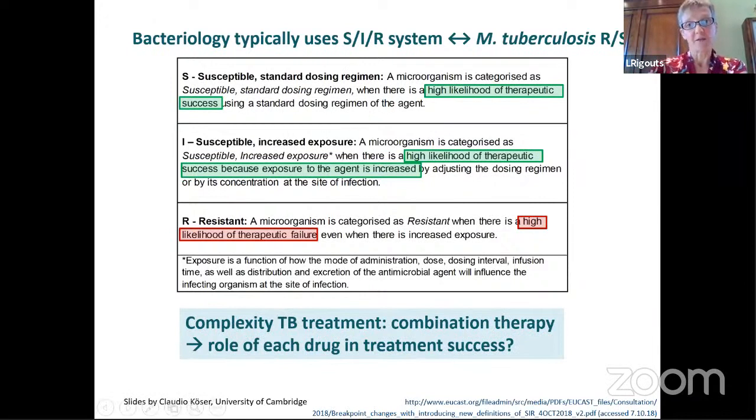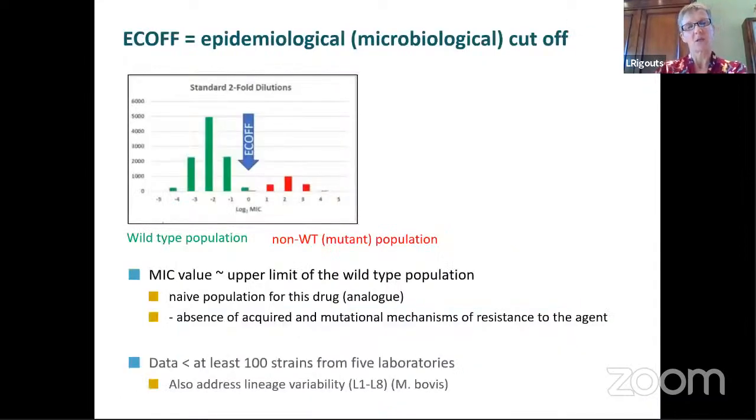Now, to define whether a drug at a given concentration is effective or not is very complex in TB treatment, because we always give a combination therapy. So the role of each drug in the treatment success is difficult to define. So what is done mostly in tuberculosis is we look at the ECOFF, the epidemiological cutoff or the microbiological cutoff.